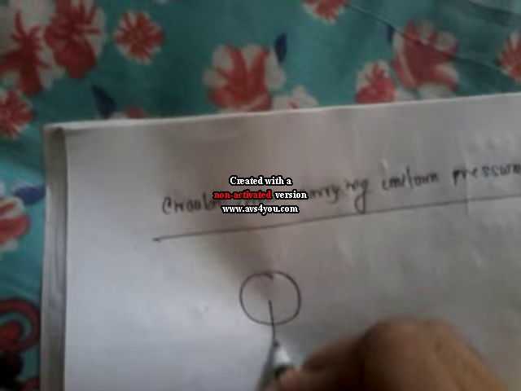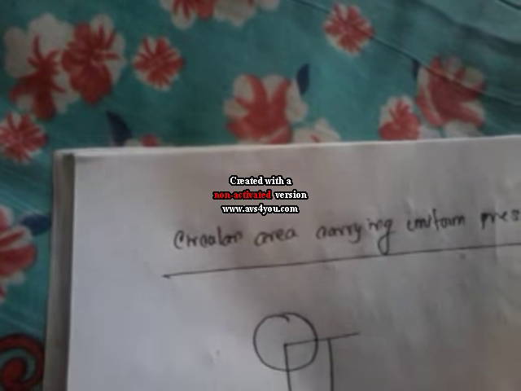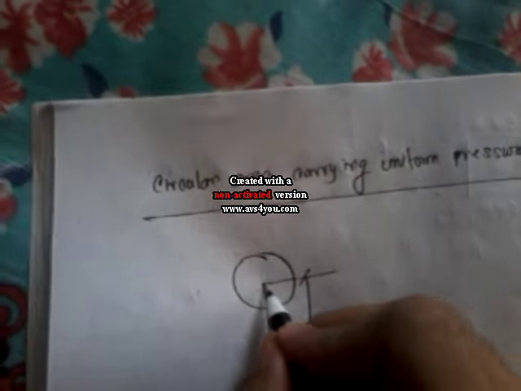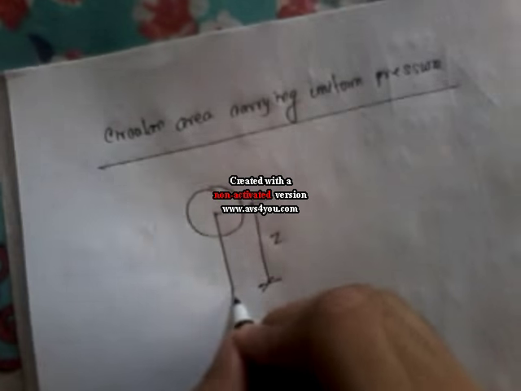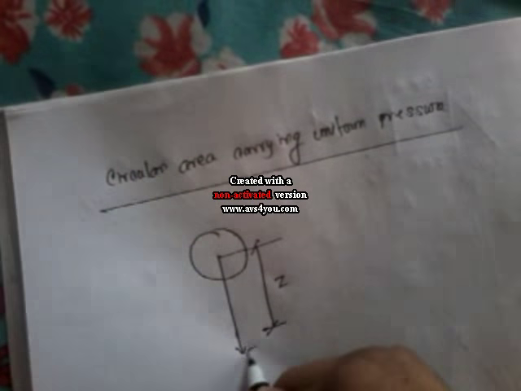We measure the stress under the center of the circle. The depth of the point where we measure the stress is Z. That is denoted sigma Z.